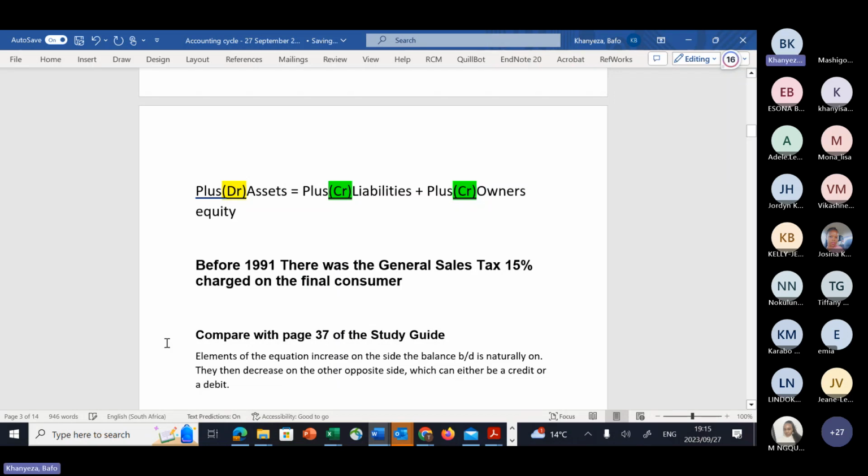So it used to be called GST, general sales tax. That is just background so that you can understand the source of value-added tax.